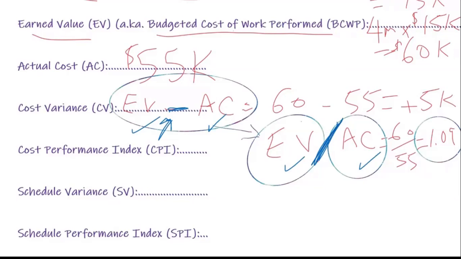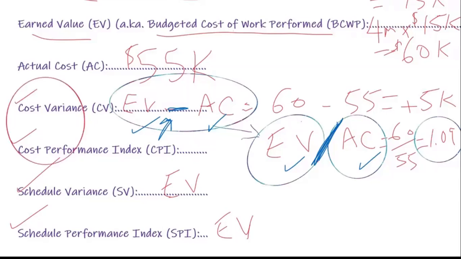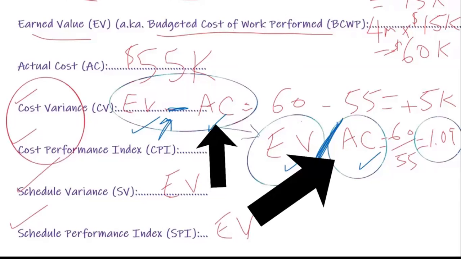They all start with earned value. These four formulas, so cost variance, cost performance index, schedule variance, schedule performance index, they all start with earned value. The ones that have to do with cost variance and cost performance index finish up with actual cost.